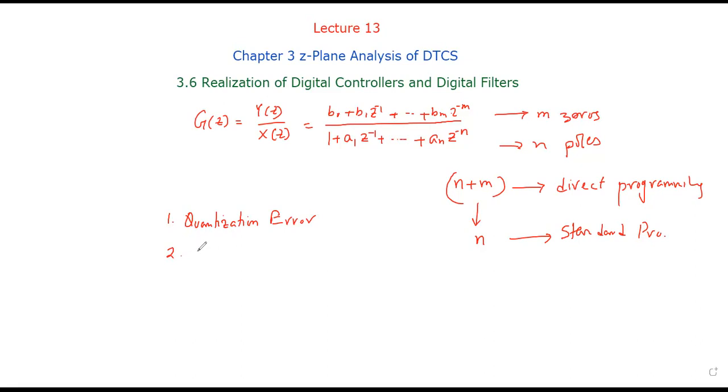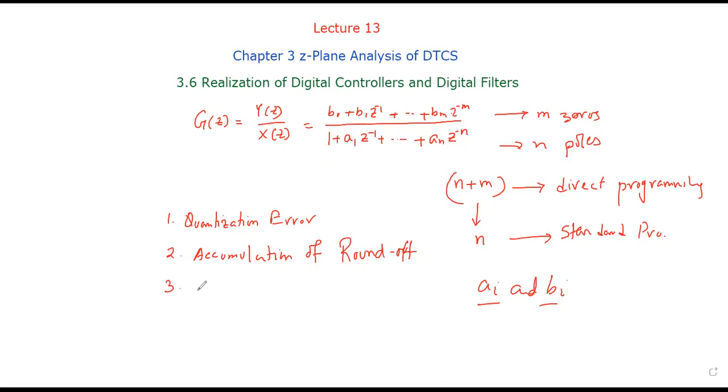Then there is another error because of the round offs, the accumulation of round off errors. Values are closer to a certain value, and because of that, we have to round off to a certain level. The third one is that we have these new parameters, ai's and bi's, that are real quantities, and they will also be quantized.